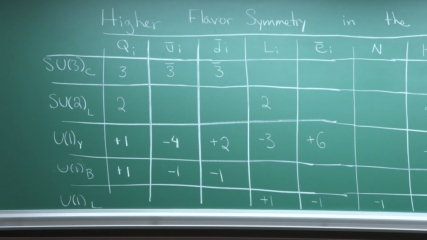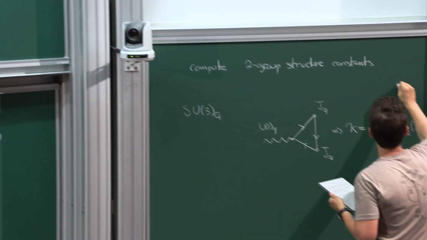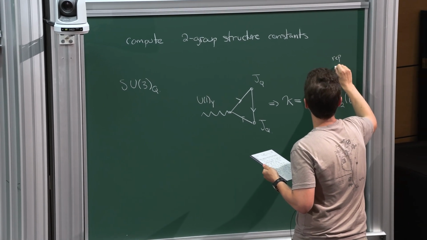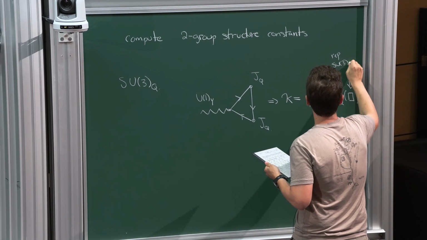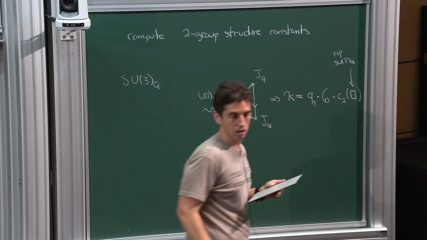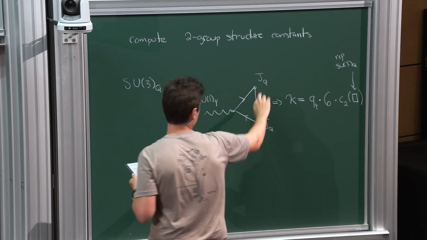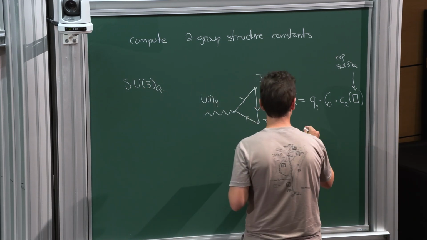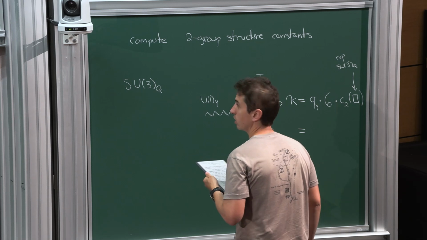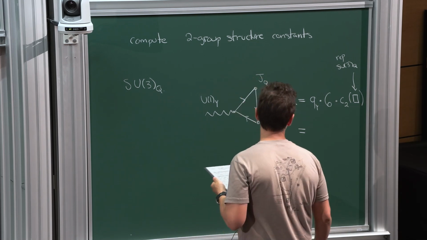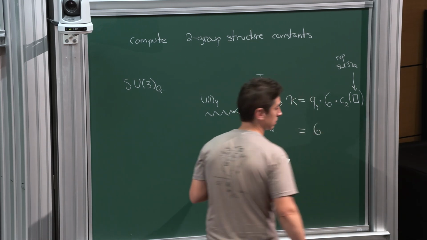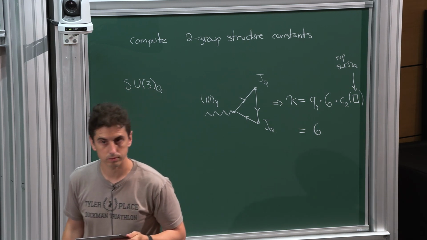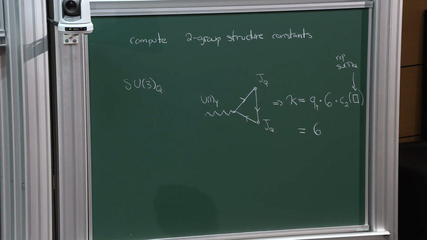And then we have to do C2 of the rep that it's in under SU(3)_Q, which is a fundamental, because we get the square here from that current. We normalize that to be 1 in this convention. And the hypercharge was 1 for this field, so this is 6. Even I can do this algebra live.